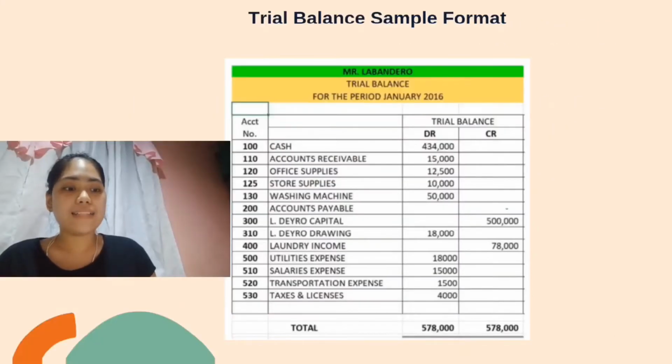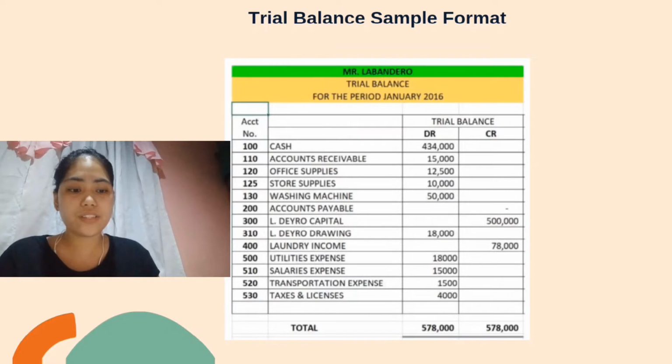The trial balance looks like the one in the presentation. It has a complete listing of all ledger accounts running down the page with two columns for the debit and credit totals. In the title, we need to mention the period and date since we're looking at a snapshot at a point in time. The account names are grouped by their type.